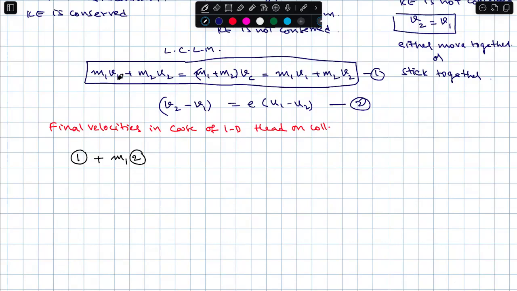The m1 v1 term cancels, by doing which you will get m1 v2 plus m2 v2 is equal to, this will become u1 and u2 actually. I'll write properly.